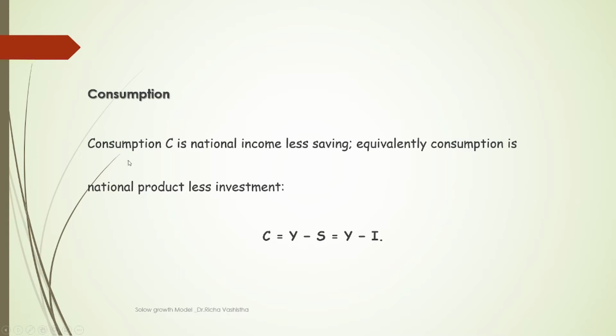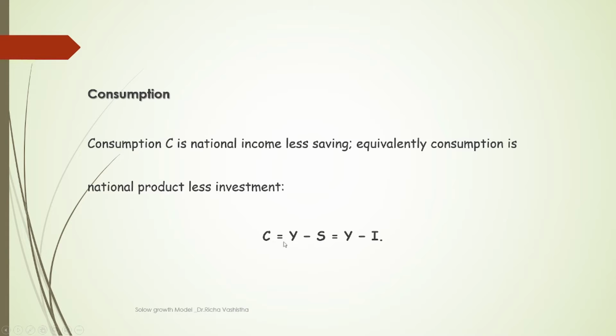The consumption part. There is a very well known basic equation of economics: whatever is not saved out of national income is consumed. It is a general assumption. So C will be the part left out of national income which is not saved.